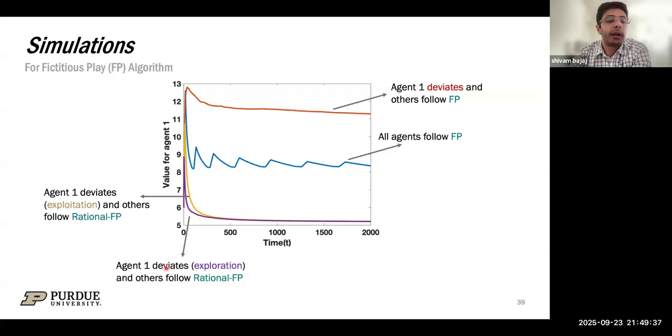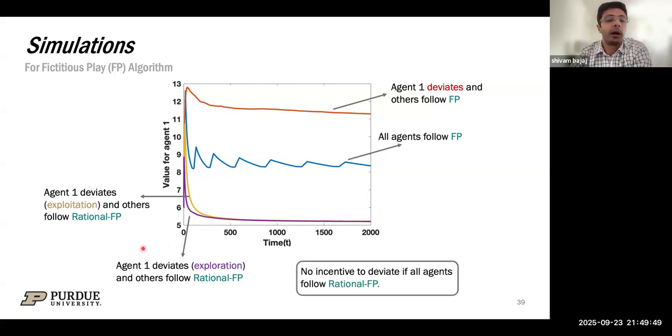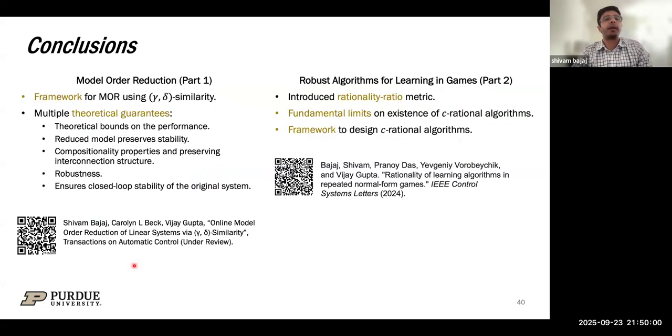Similarly, we can show that if agent one deviates from the exploration phase, which is when the payoff matrices are not known, again, the purple curve is below the blue curve. So that means that the agent will not have any incentive to deviate to any other algorithm. So the bottom line here is that our framework ensures that no agent has any incentive to deviate to other algorithms. So this brings me to the conclusion of my talk.